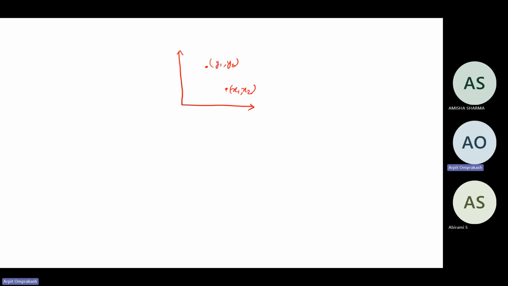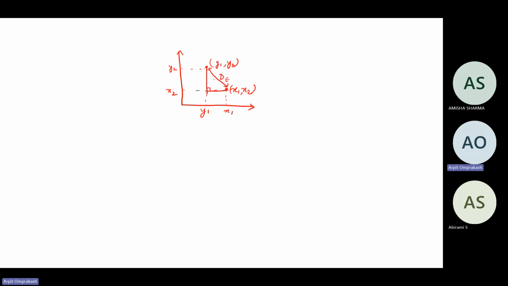Basically, this is x1, this is x2, this is y1, and this is y2. Now the Euclidean distance is basically this distance. So how can you calculate this distance? We'll use the Pythagoras theorem. Let's say we made a 90-degree triangle here. Then the hypotenuse is the distance that we want. So this is the Euclidean distance.